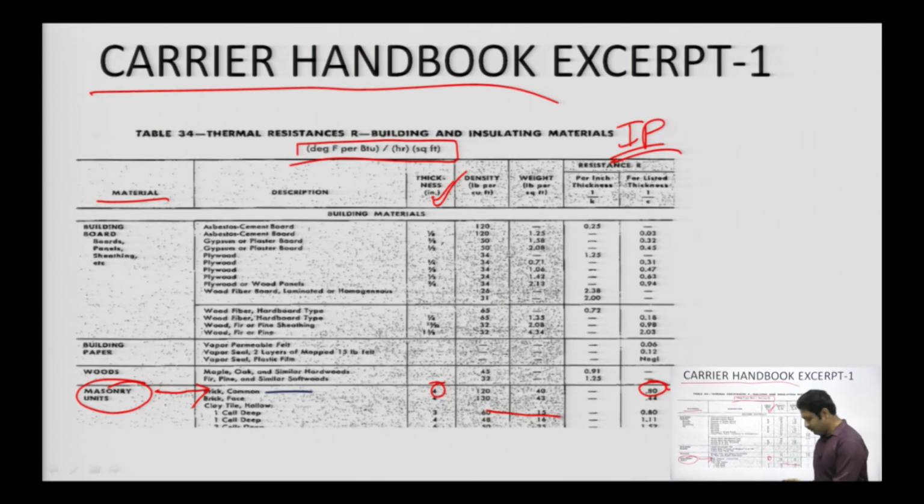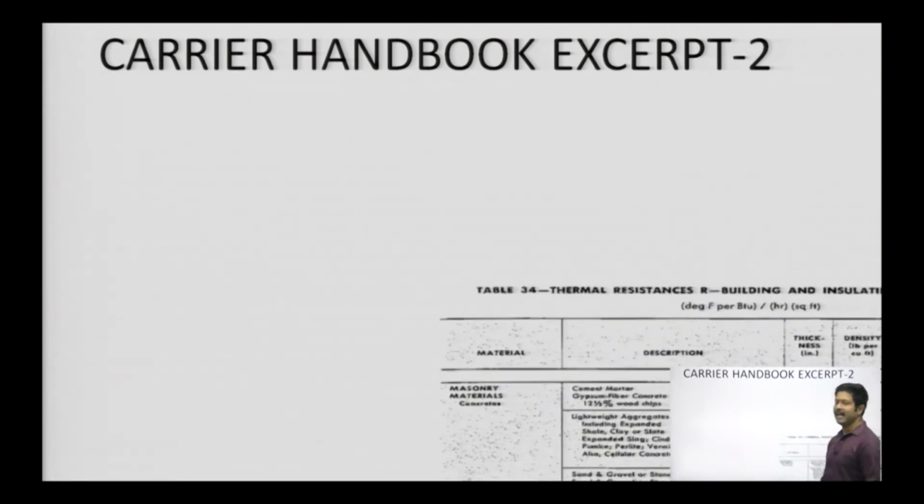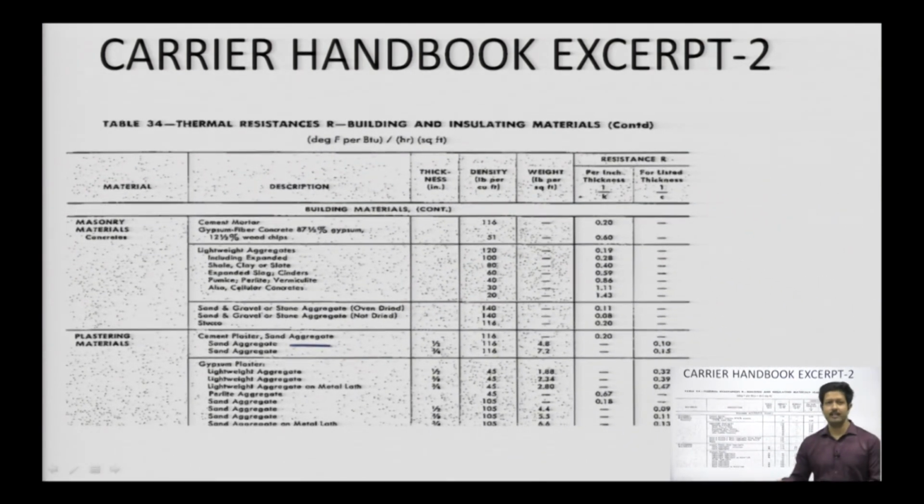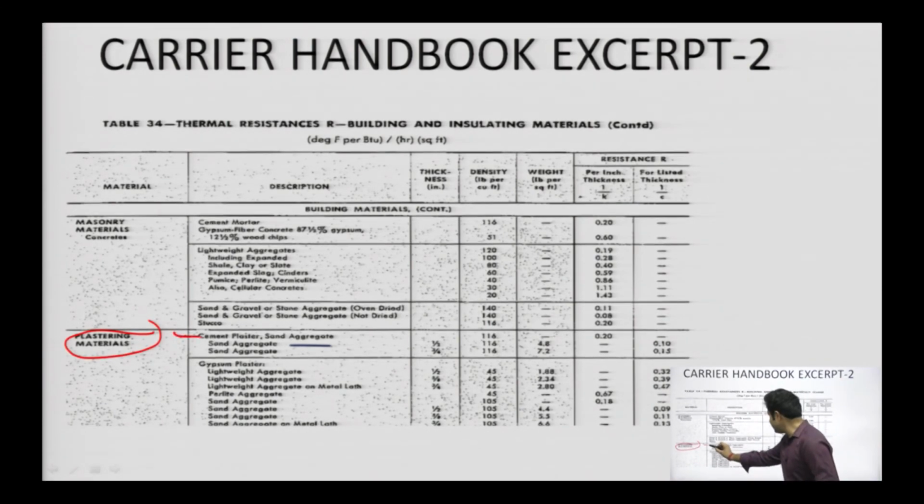Now this is the second page of the Carrier Handbook, which is not available in your general textbooks. Here are the thermal resistances once again. Now we want to calculate the resistances for plasters. Can you see the plastering materials? This is cement plaster, and here is cement plaster with sand aggregate.